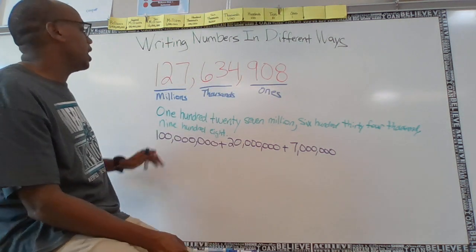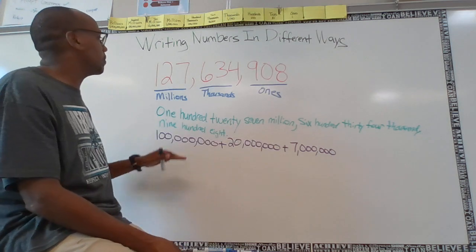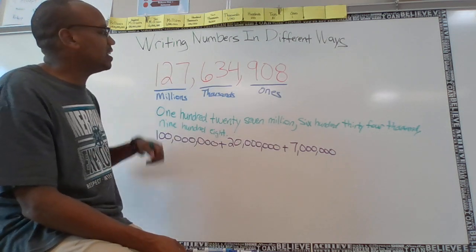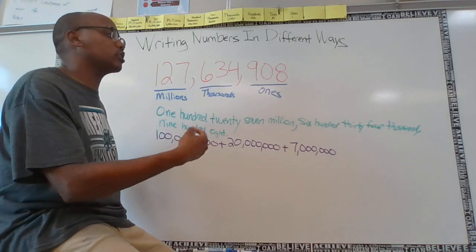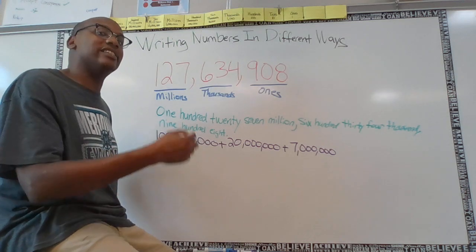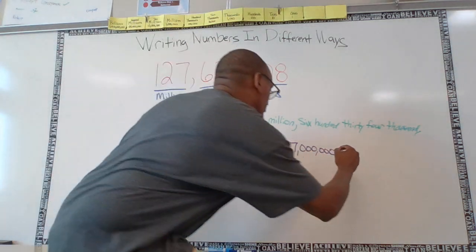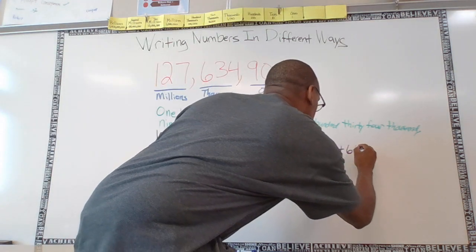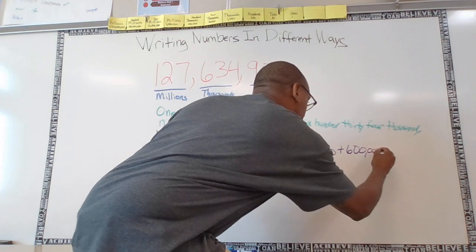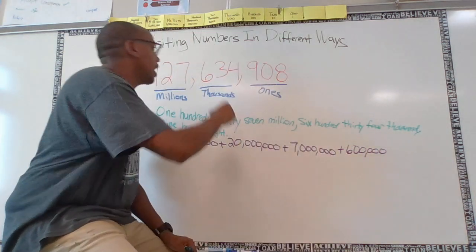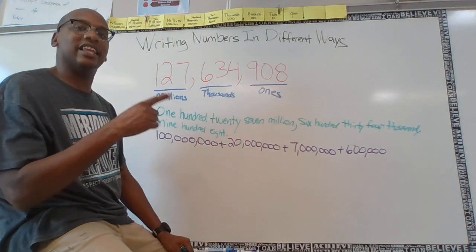The 6 is in the 100,000s place, so it's worth 600,000. The 3 is in the 10,000s place.